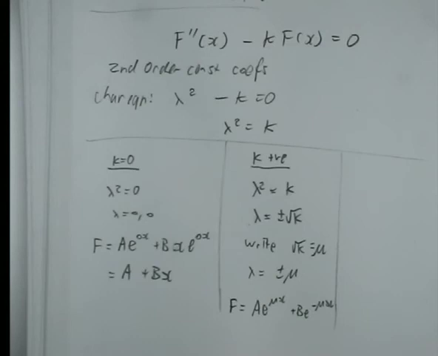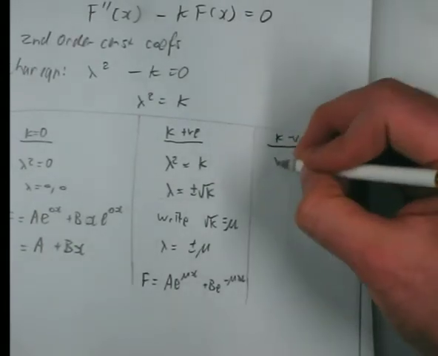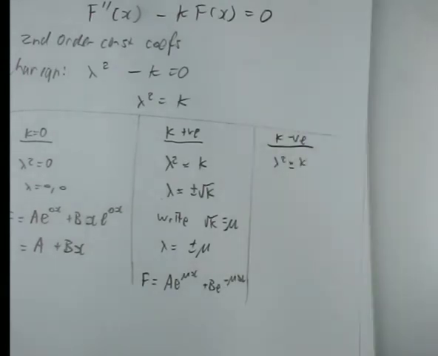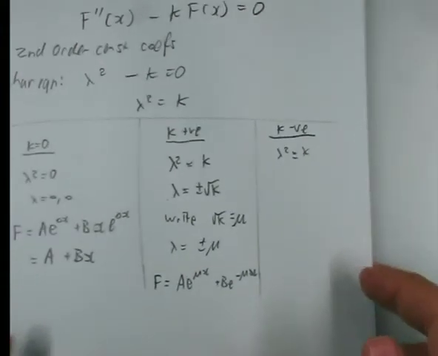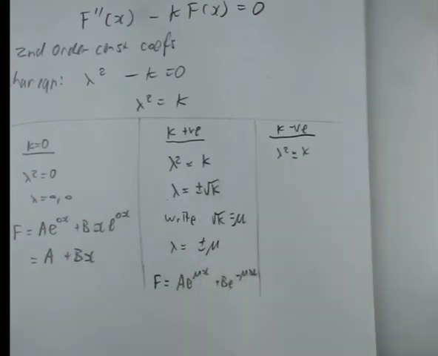Okay, I wouldn't normally do these across ways, but I want you to see them all together. And then if k was negative, I get lambda squared equals k. But because k is negative, when I square root it, I'm going to get a plus or minus, I'm going to get an i. Okay? So knowing that it's negative, I'm going to do the same trick as I did here and suppose that k is like minus nu squared.